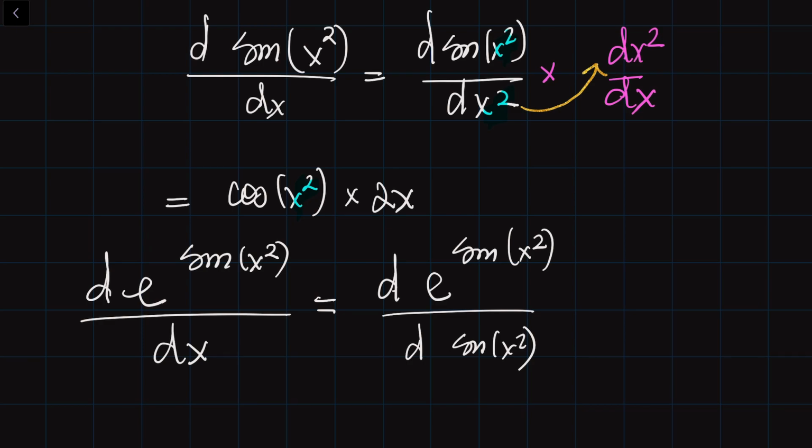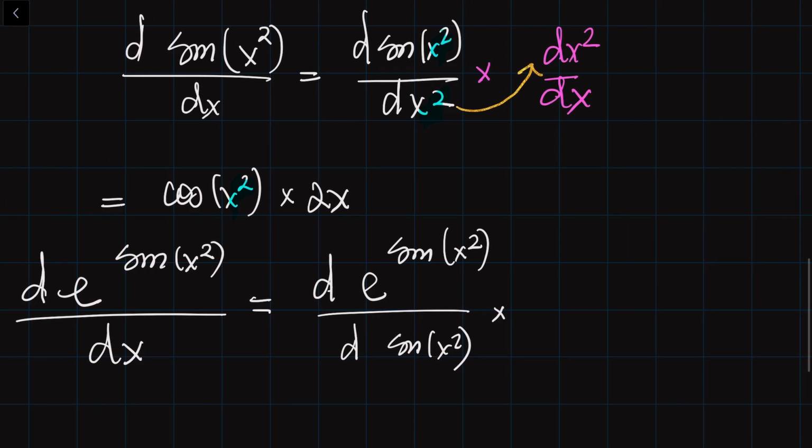I'm going to force this to be the same as the argument of the function. But since I have to do this, I'm going to multiply by d sine of x squared over d x, because I need to keep the balance always, right? In this case, they are the same.